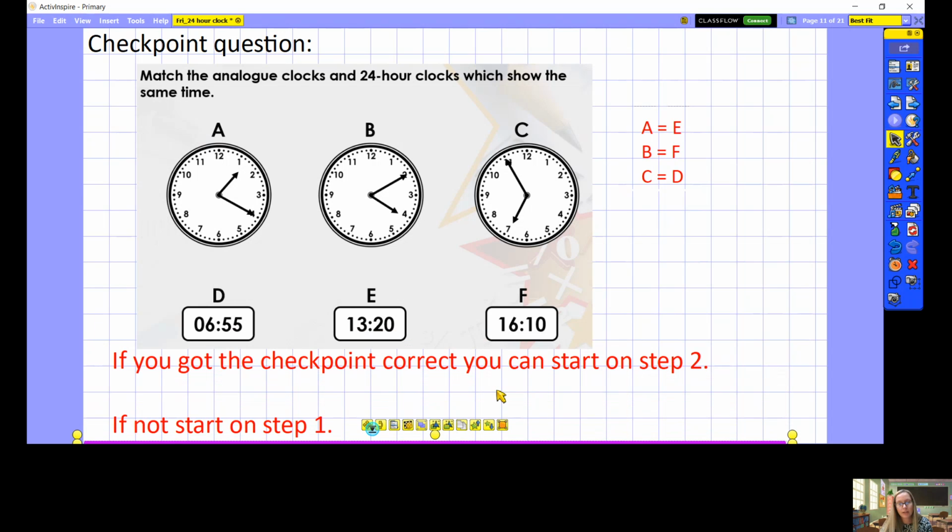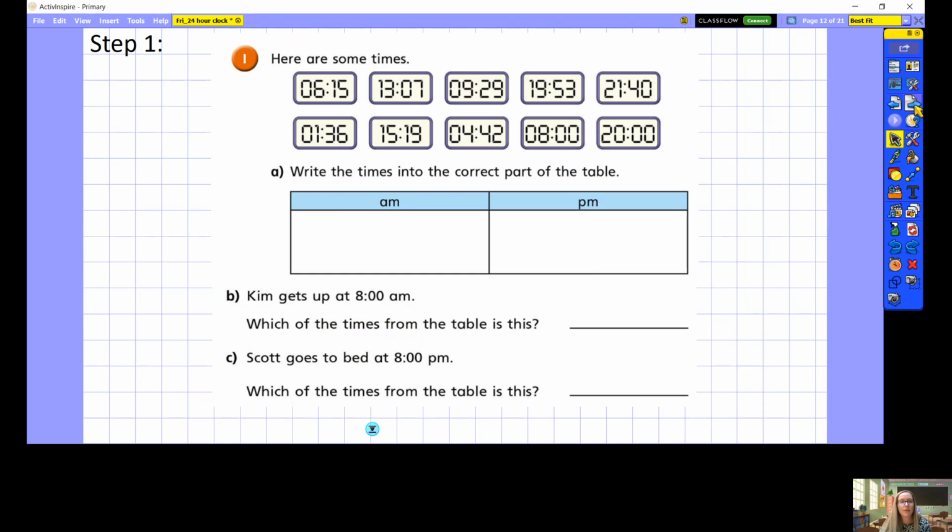So if you got those questions correct, you can start on step 2. If you still need some practicing converting between 12 and 24-hour times, start on step 1. So here is step 1 for you today. So you're sorting the times into AM and PM. So make sure you draw the table with a ruler.